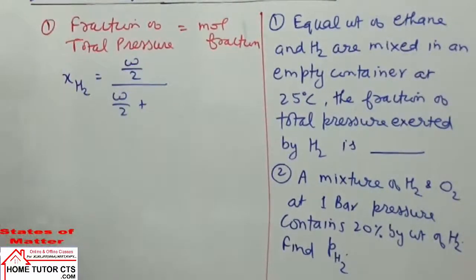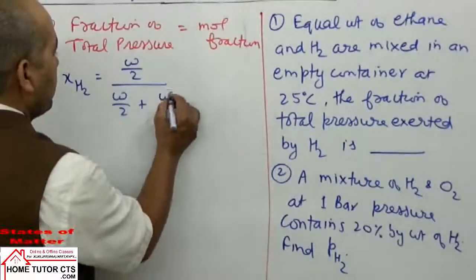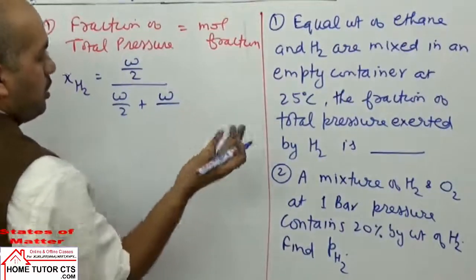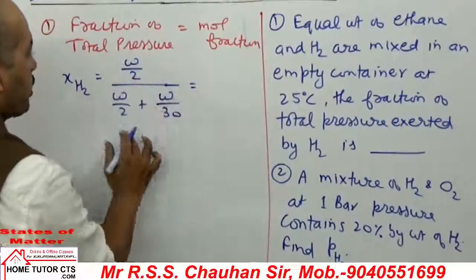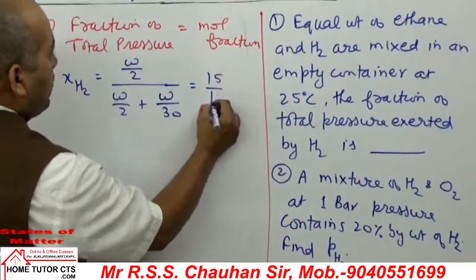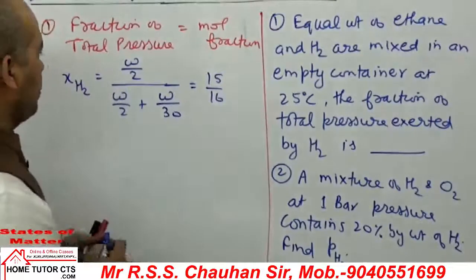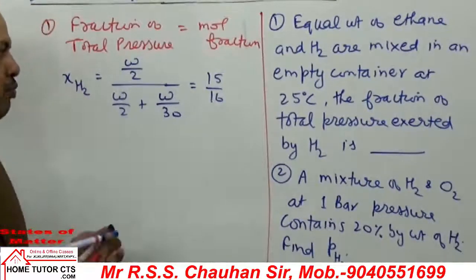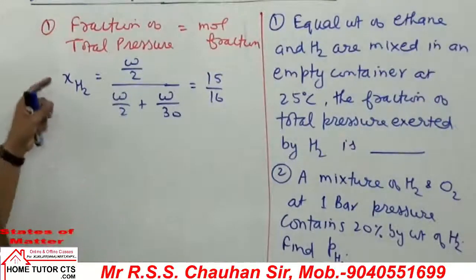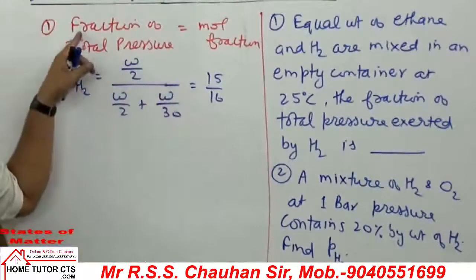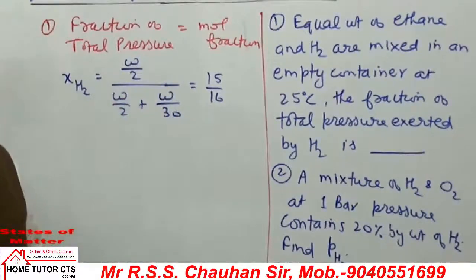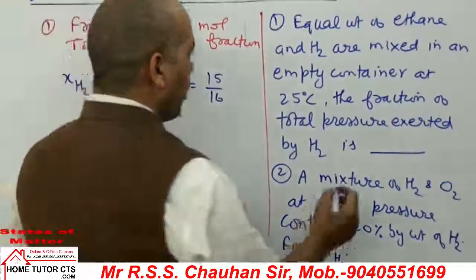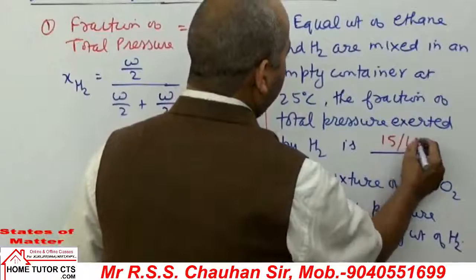Ethane is C2H6, which has molar weight 30. Solving, the mole fraction comes to 15 by 16. Now check by calculating. So this is the same as the fraction of total pressure that the hydrogen gas will exert. So the answer for this first question becomes 15 by 16.